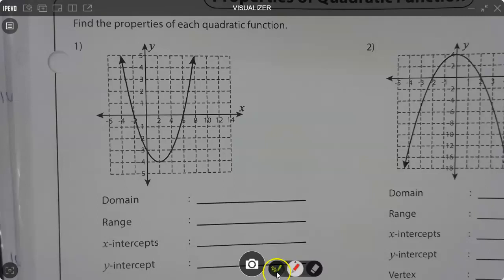The domain of all quadratics is always all reals.